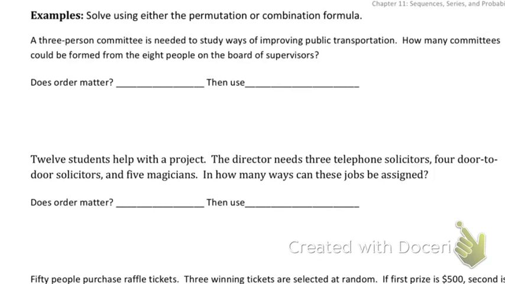So if I say you 3 are my committee, or I say Jack, Ethan, Mike are, does it matter? Does order matter? No, it does not. So order doesn't matter in this one. So it's going to be a combination. Order doesn't matter in combination.